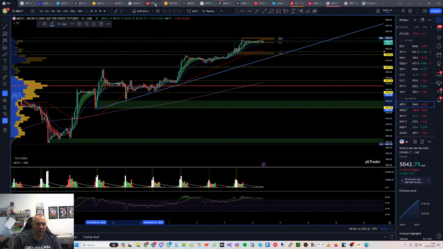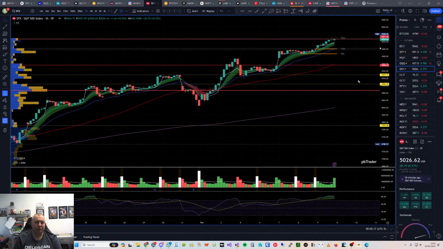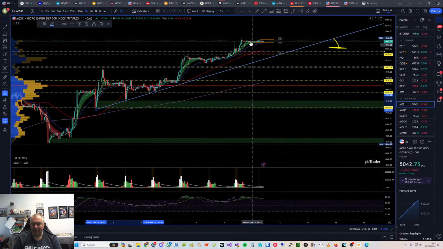Before I go further, let's just look at the SPX as well, because they're kind of correlated with each other. If we get a pullback down to 5,000, and it's before we get to any of the levels on MES, I might look to find a trend entry short, so it might be a little bit before we get down into the area we're really watching.